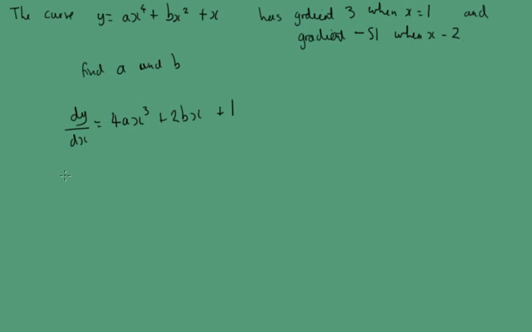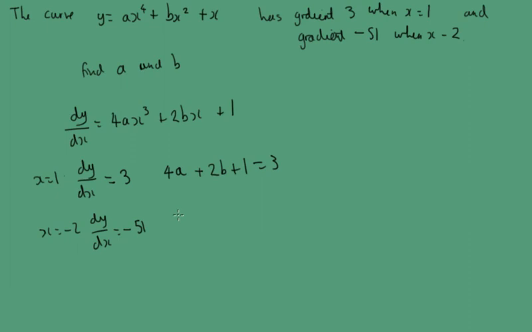So when x equals 1, dy by dx equals 3. That means 4a times 1, plus 2b, plus 1 equals 3. And when x equals minus 2, dy by dx equals minus 51.